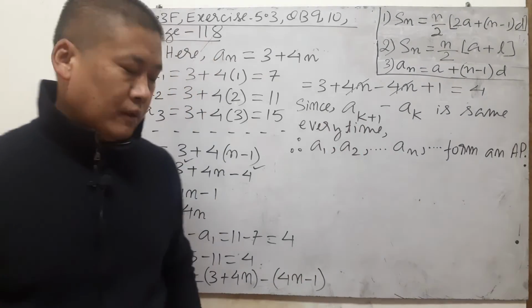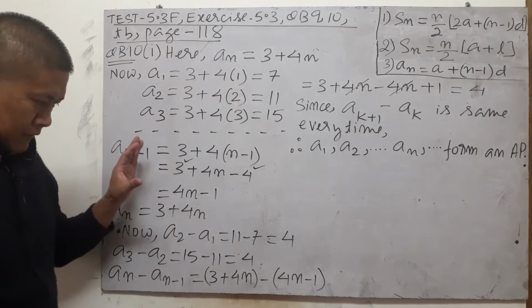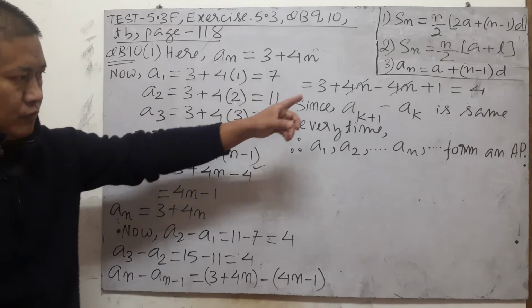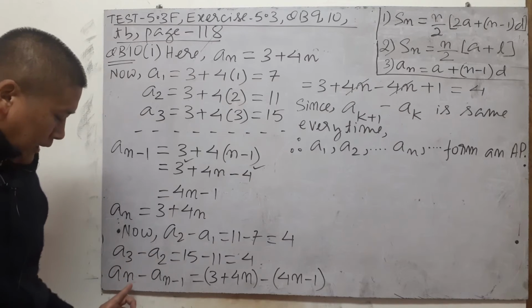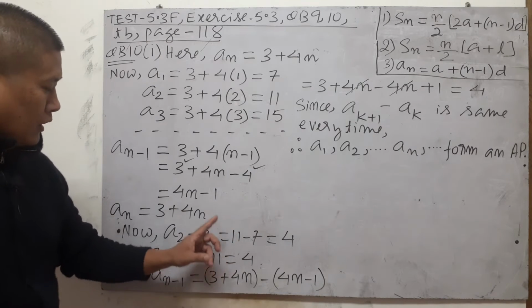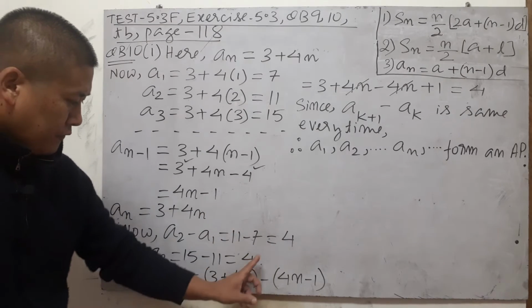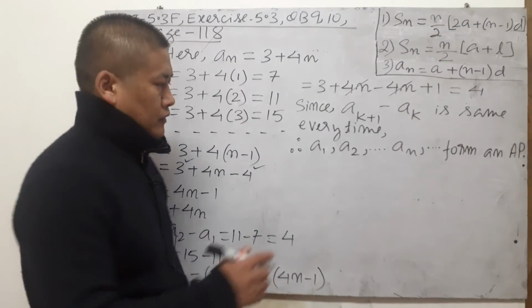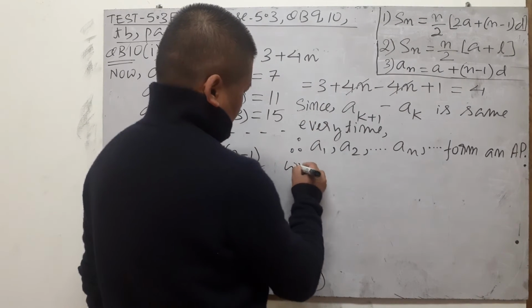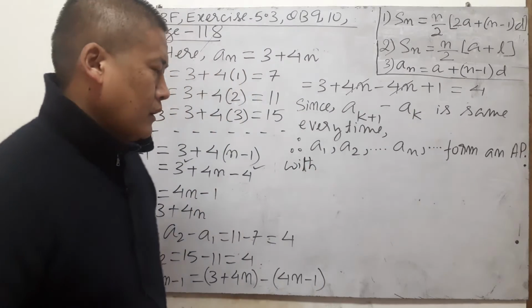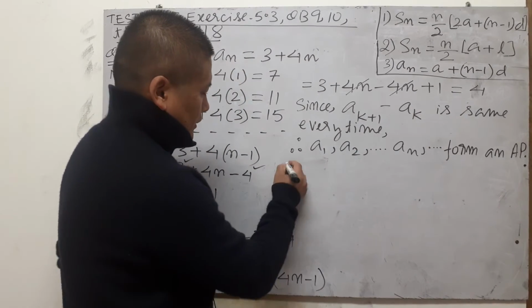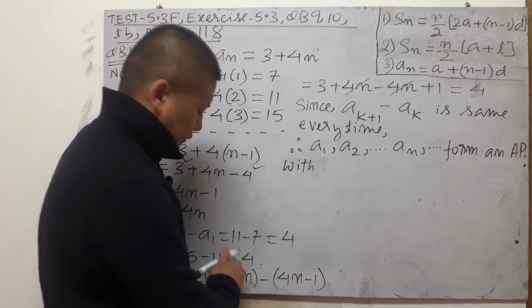So we've shown that they are in AP because the value of a(k+1) minus ak, which is a2 minus a1 or a3 minus a2 or a(n minus 1) values, are all 4 in each case here. 4 everywhere. So it is an AP, and the only condition for an AP is that they must have a common difference, and they have a common difference here, 4.